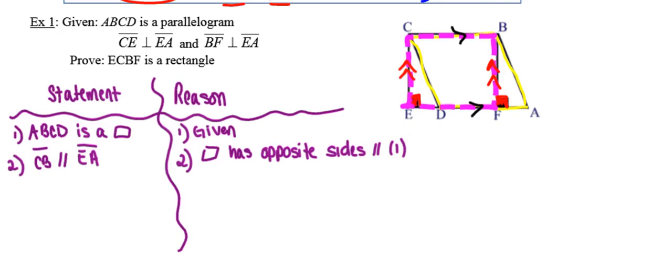All right, my next move is going to be to get the left side and the right side parallel to each other. So I knew these guys were parallel because of the perpendicular lines that were given to me. Segment CE is given to be perpendicular to segment EA. And in addition, segment BF is given to be perpendicular to segment EA.